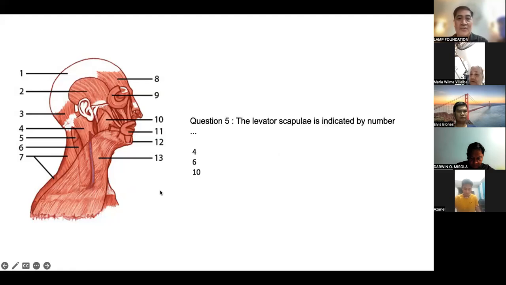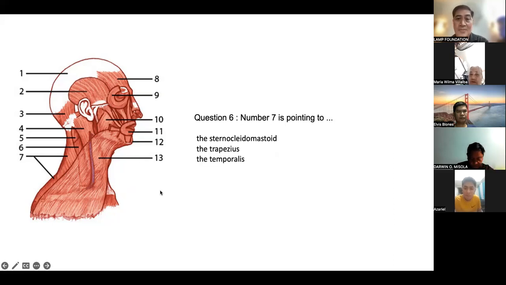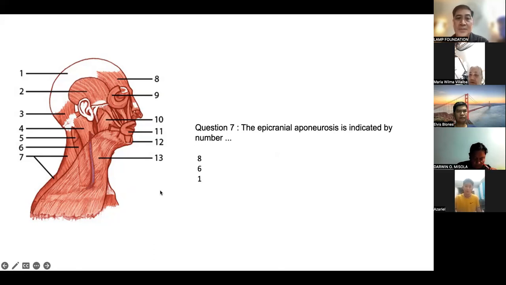Okay. The levator scapulae is indicated by number? Number 4. Number 6, Doc. Two mistakes. Number 7 is pointing to? Trapezius. Epicranial aponeurosis is indicated by number? 6.